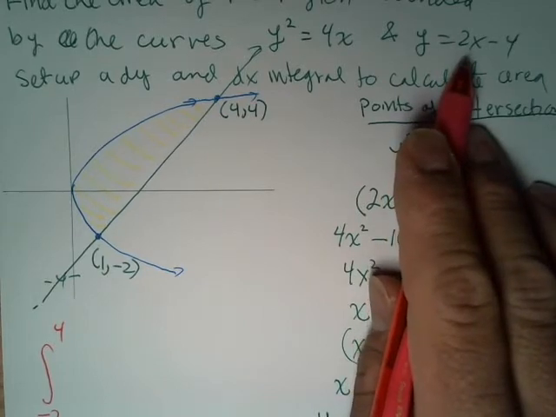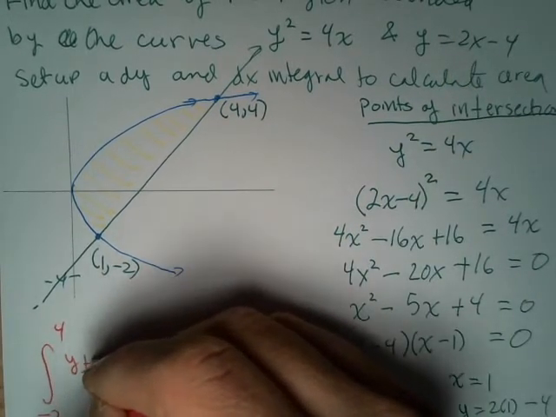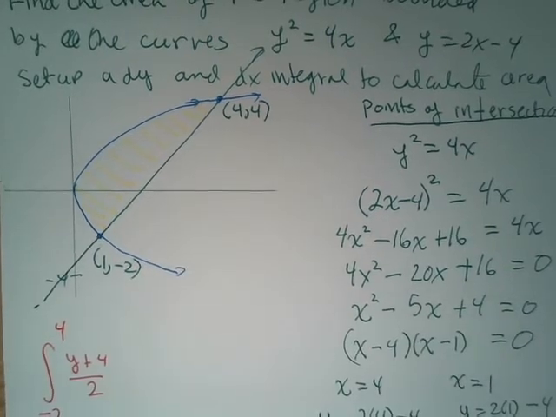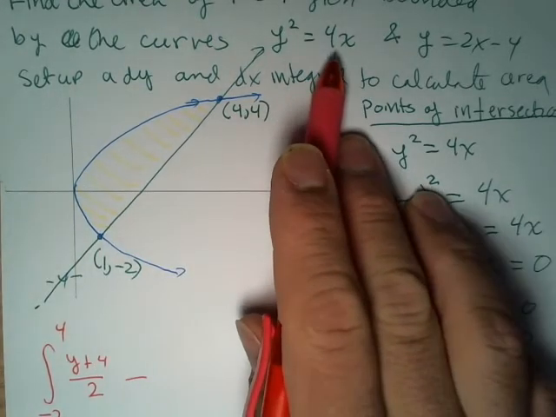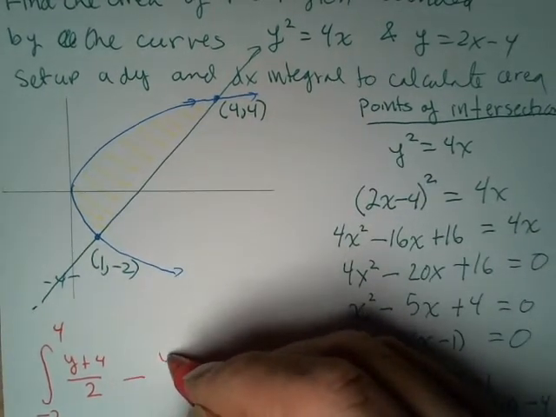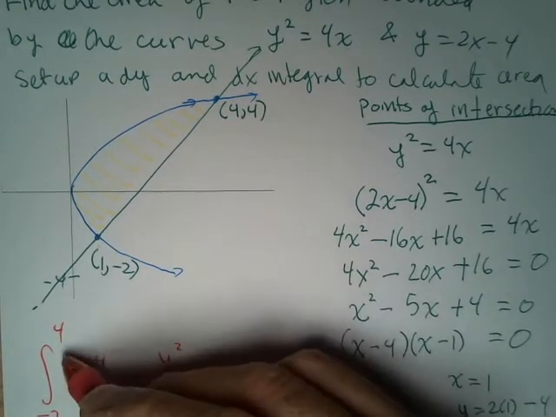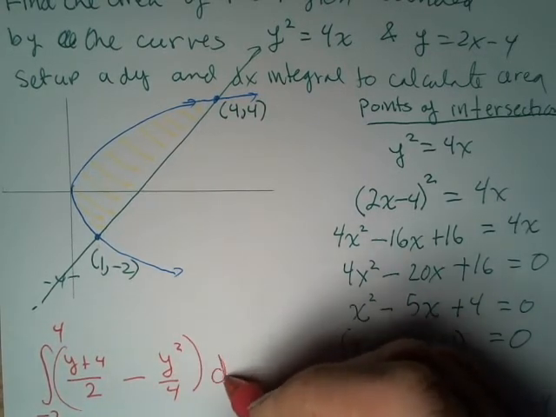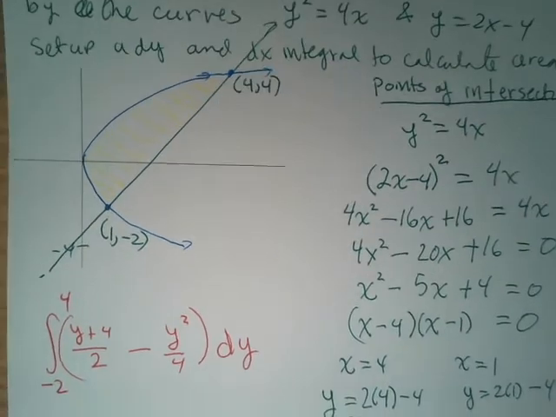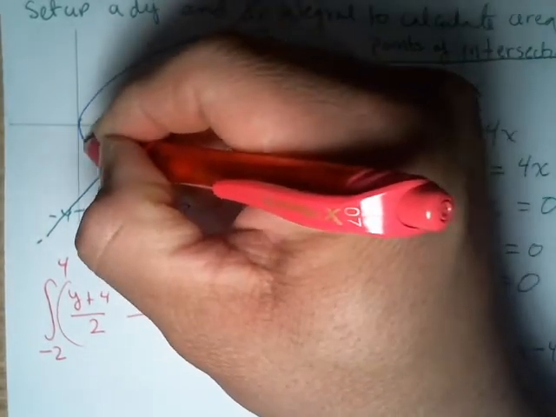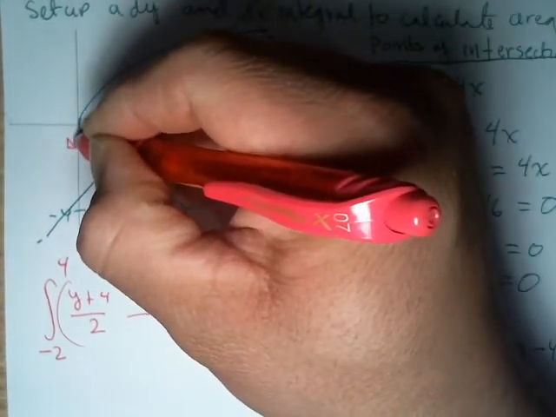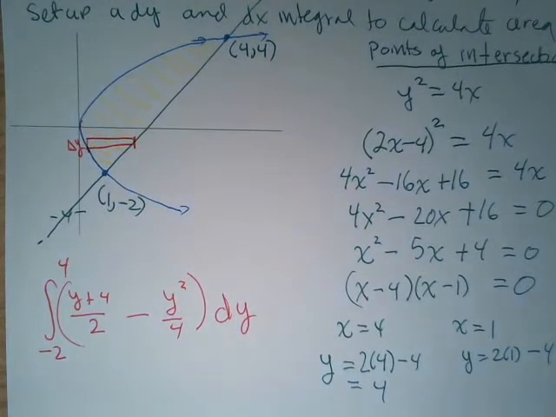So solving for x, we're going to have (y plus 4) divided by 2. And I'm going to subtract from that the parabola. In this case, solving for x, we divide both sides by 4. We get y squared over 4. Parentheses here, and then we have dy. That would be this integral right there. So that's how we would set up the dy version.